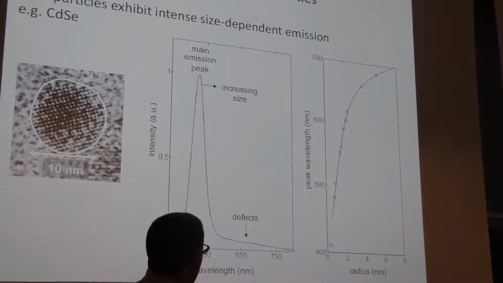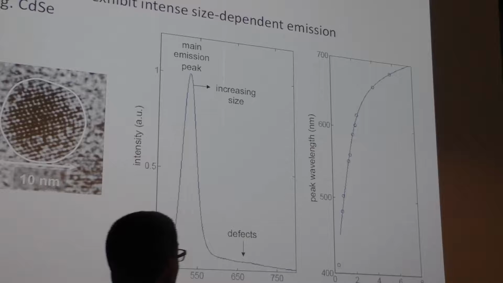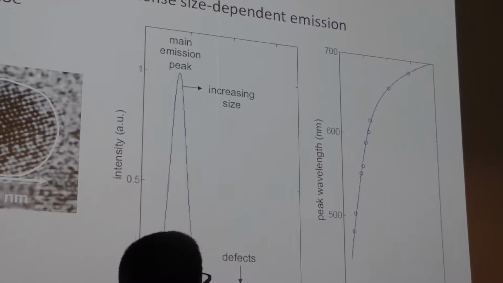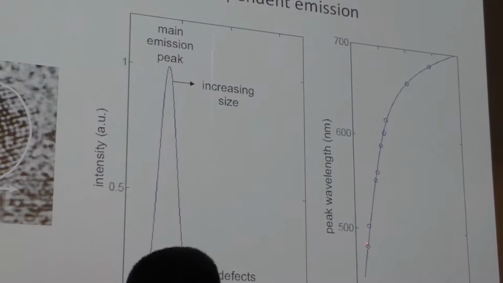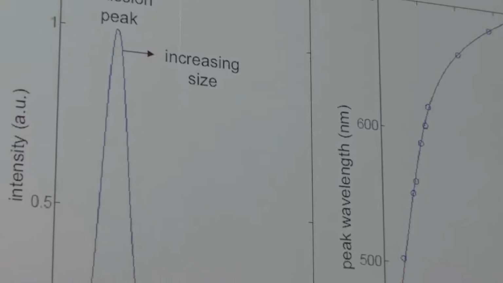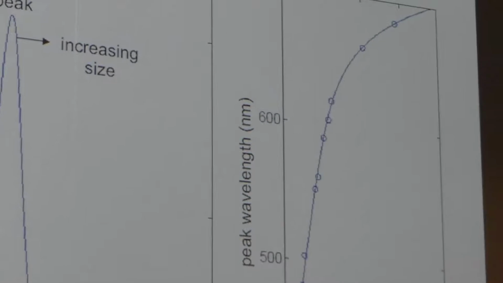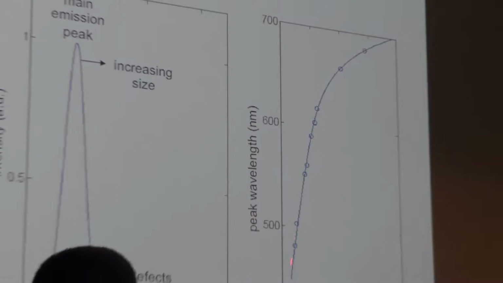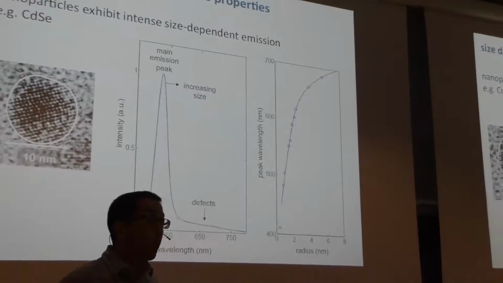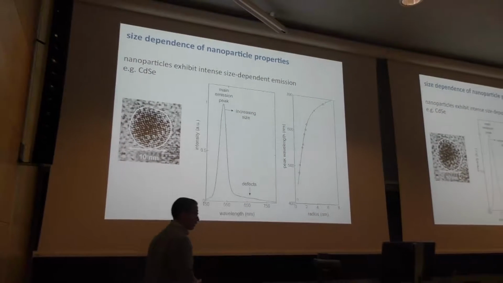This is just data based on microscopy of cadmium selenide quantum dots of various sizes, just plotting the peak wavelength versus the radius, and you can see that there's a smooth progressive change in the peak wavelength as we change the nanocrystal size.